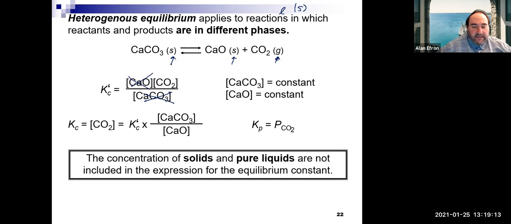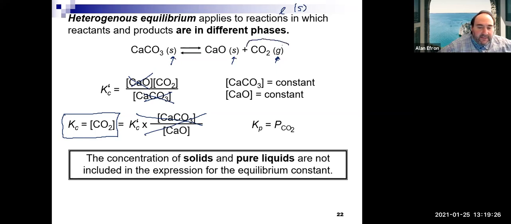Essentially, if we were to write the equilibrium expression for this particular reaction, it would look like what I just boxed. The Kc would be our products, and in this case it is only the CO2, a gas, that really participates. The calcium oxide and the calcium carbonate are not participating. They're both solids. So it's products over reactants.